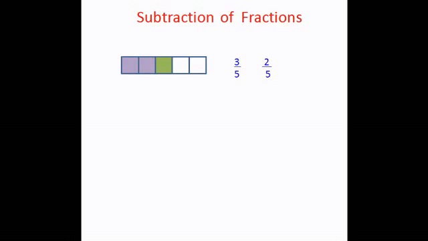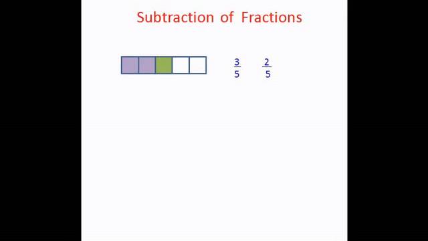Now the part of this stripe which is colored, we can represent that part with the fraction 3 over 5. And the part that is in purple can be written as 2 over 5.